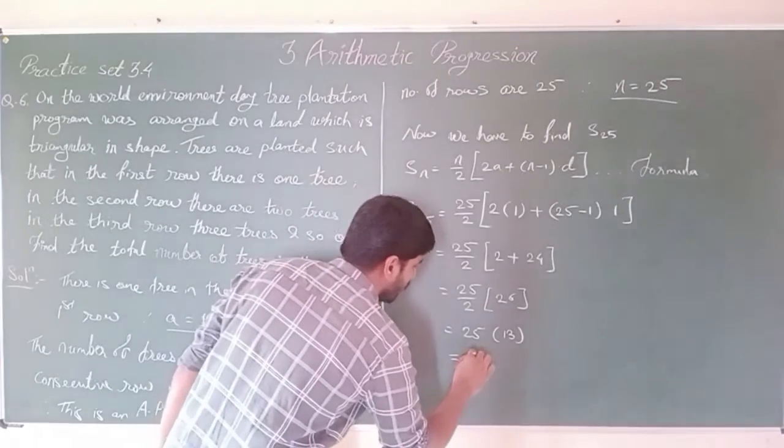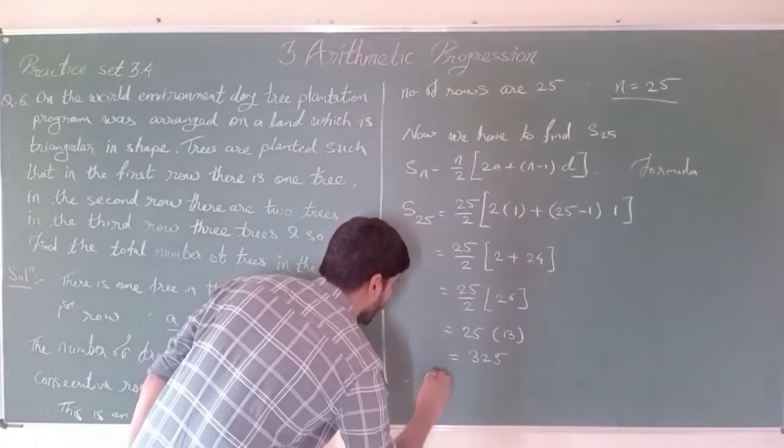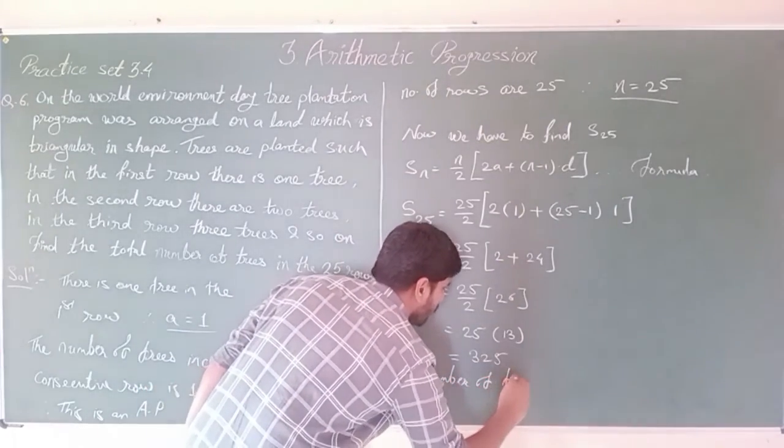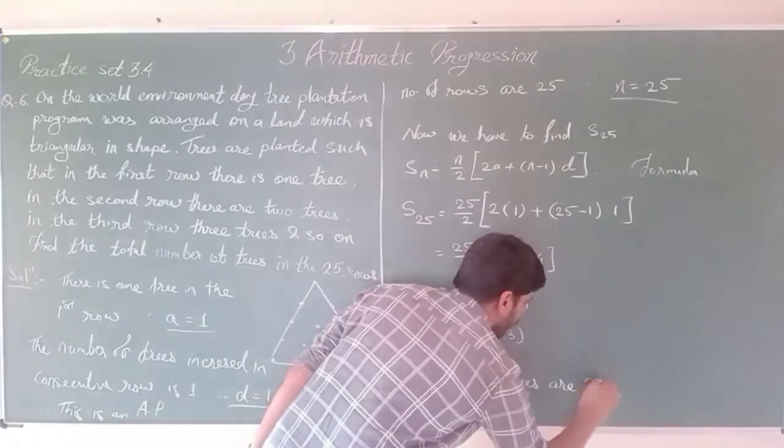This product is 325. Therefore, the number of trees is 325.